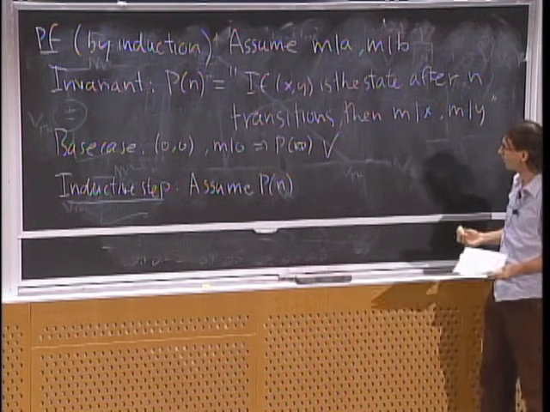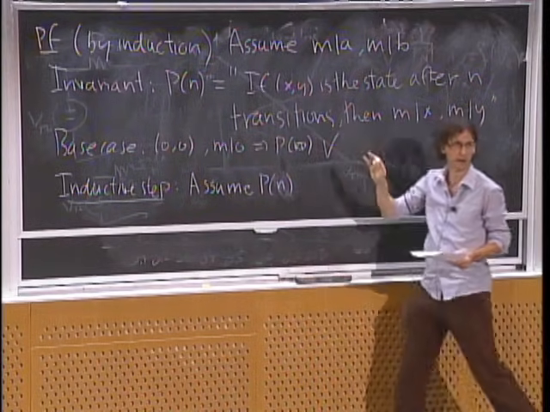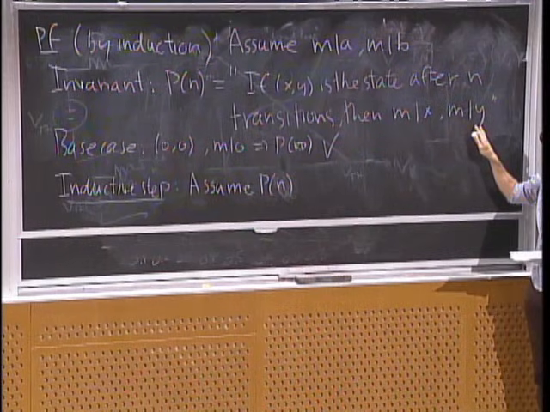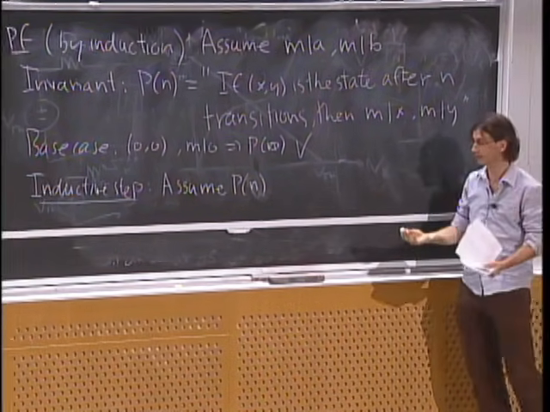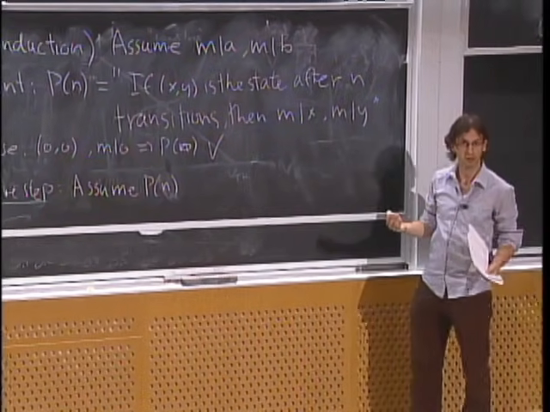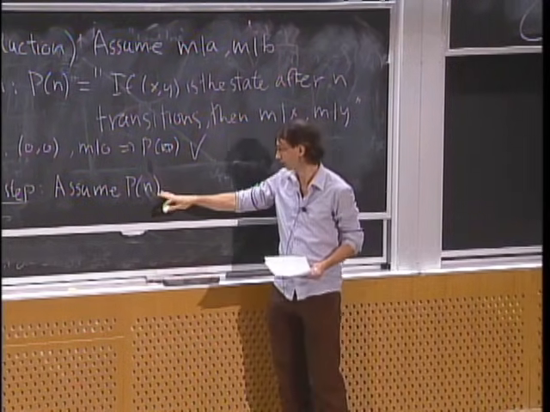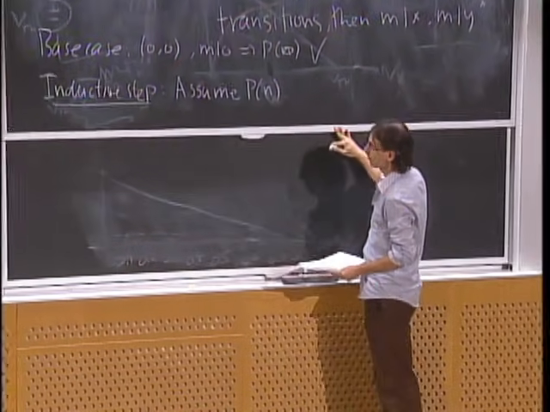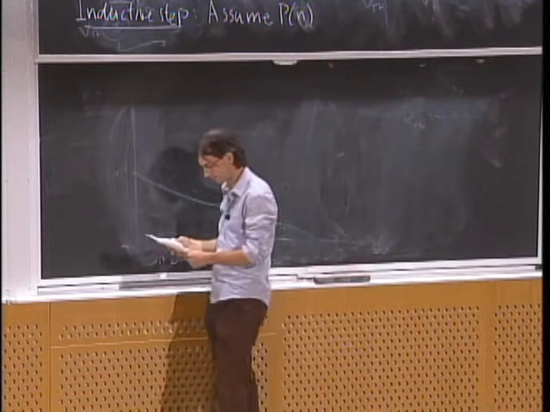We want to say, well, we know that we reached a certain state, x, y, for which M divides x and M divides y. Now we would like to show that if we transition to the next state, we again have that same property, that M divides the number of gallons in both jugs once more. And then we can conclude P of n plus 1. So that's how we always proceed. So let's see whether we can write it out in a bit more formal way.